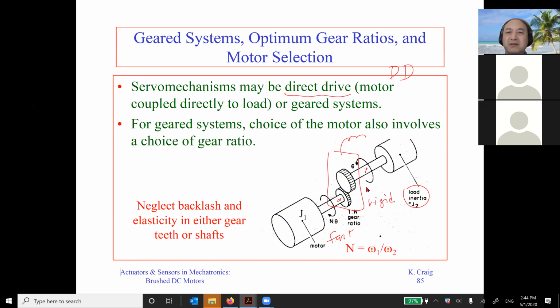These two situations are usually used in practice. Many robotic systems have direct drive today because the technology is changing. Direct drive is much easier mechanically, and the cost and the mechanical parts are less. In that case, N is 1, direct drive.